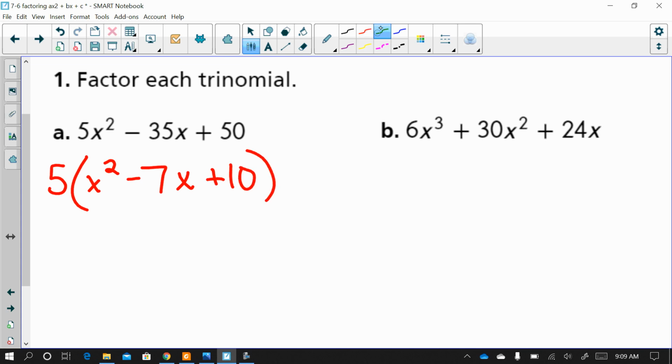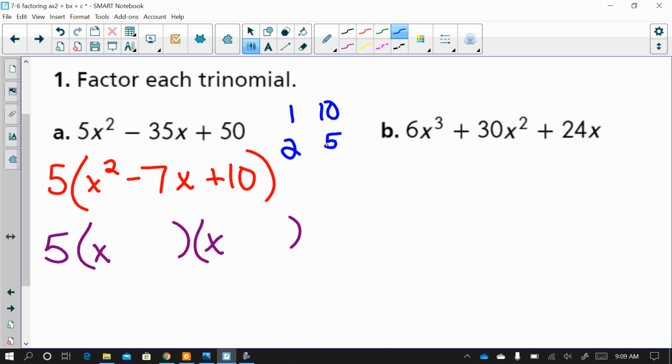Okay, keep going. 2 sets of parentheses. Remember, bring that 5 down. Okay, how do I make x squared? X times x. Okay, and I need to do my factors of 10 that get me to 7, so I'm going to go ahead and list those. 1 and 10, 2 and 5. Okay, look at the signs. This tells me that signs are the same, and they're both negative.